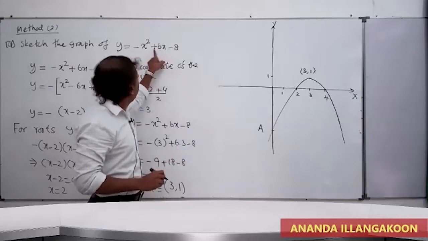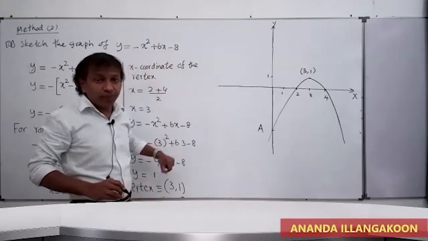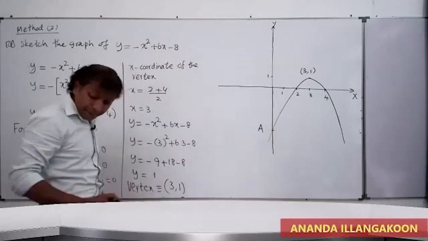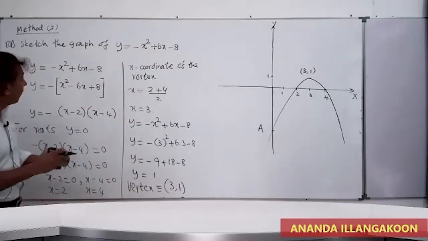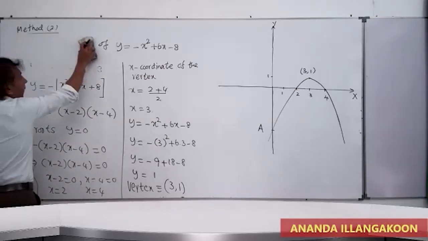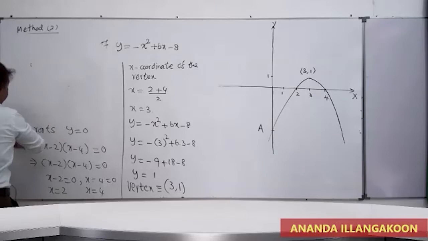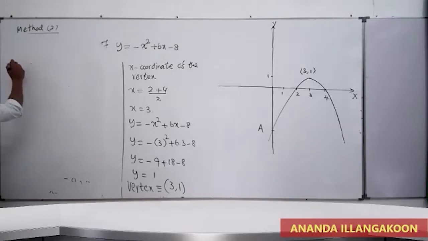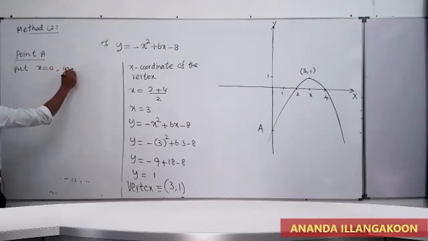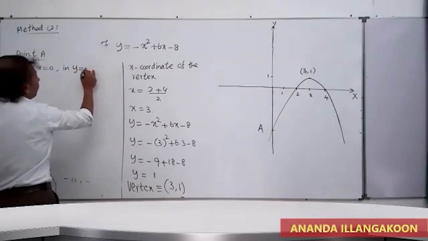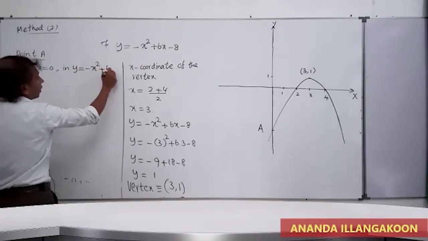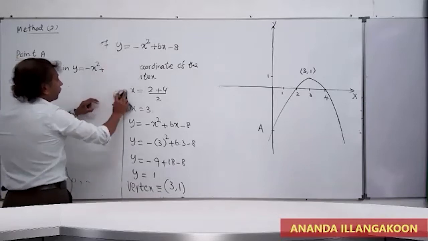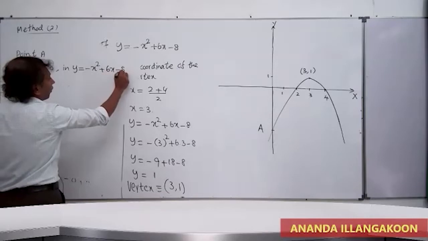Put x equals 0 in y equals minus x squared plus 6 times x minus 8 and find the corresponding y value.